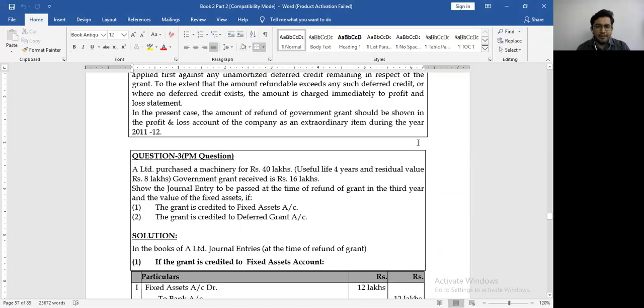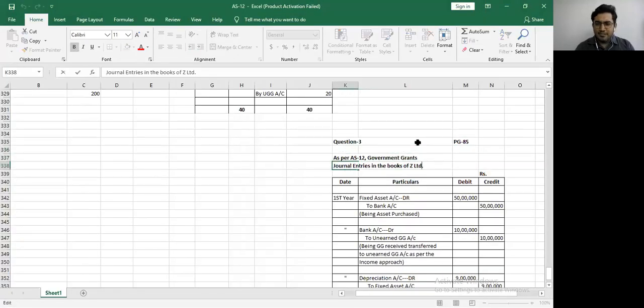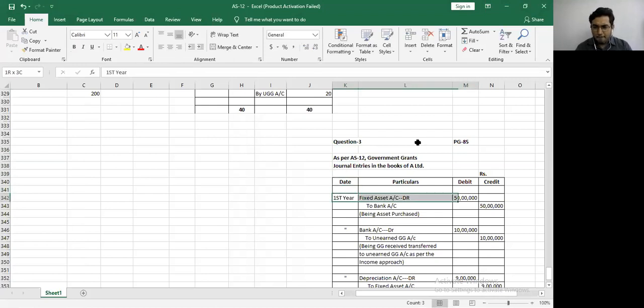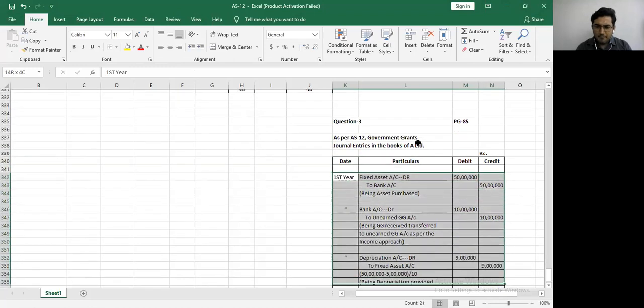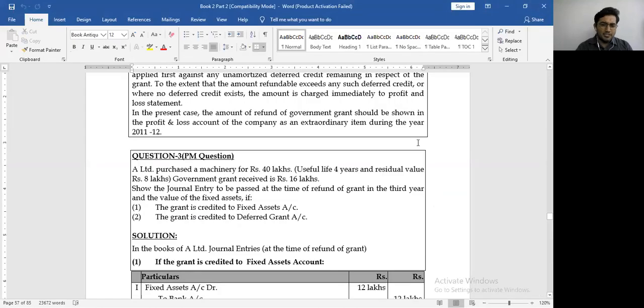We have journal entry in the books of A Limited. We need to pass journal entries for refund at the end of the third year.